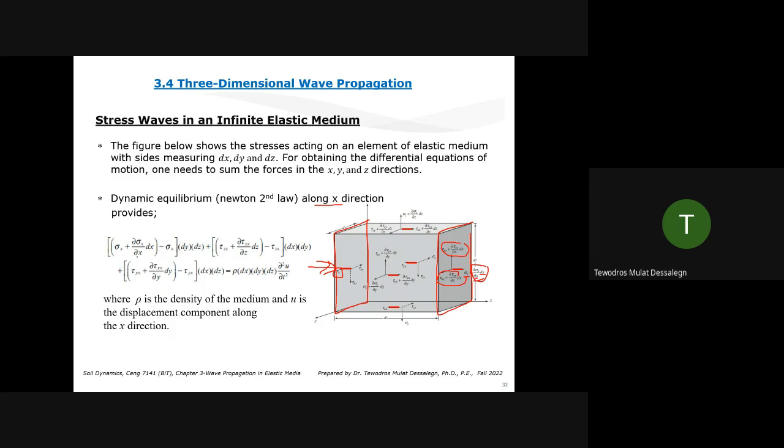You have sigma x, changing along the x-axis, which is this face, minus the stress on the other face. And this is stress. So to change it into a force, you just multiply by the area. This area is dy times dz.